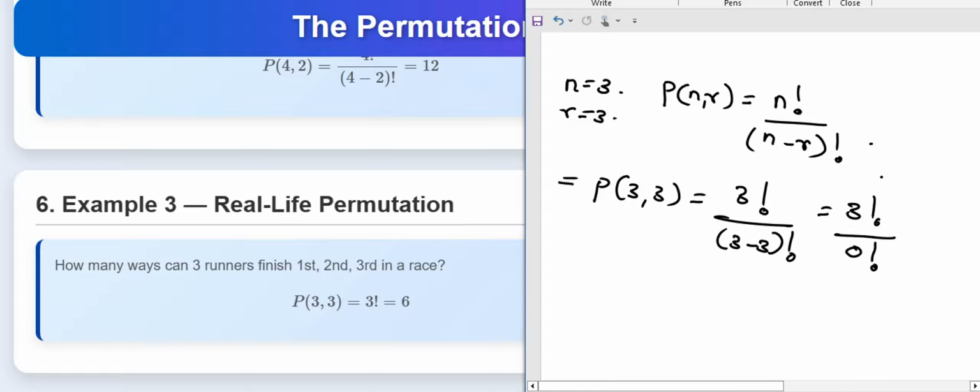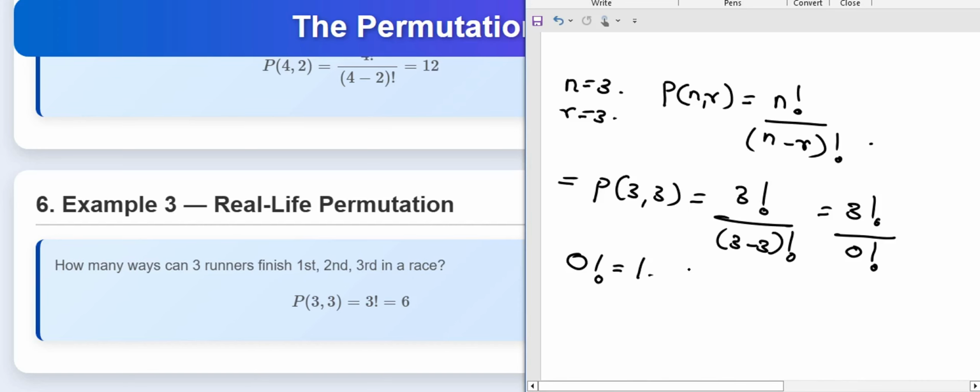Up to there we are okay, but how about this 0 factorial? I told you about the concept of 0 factorial in lesson 2, so if you don't know the logic of 0 factorial, you can revisit lesson 2, then come and finish this example. But basically 0 factorial is 1. It is not 0.